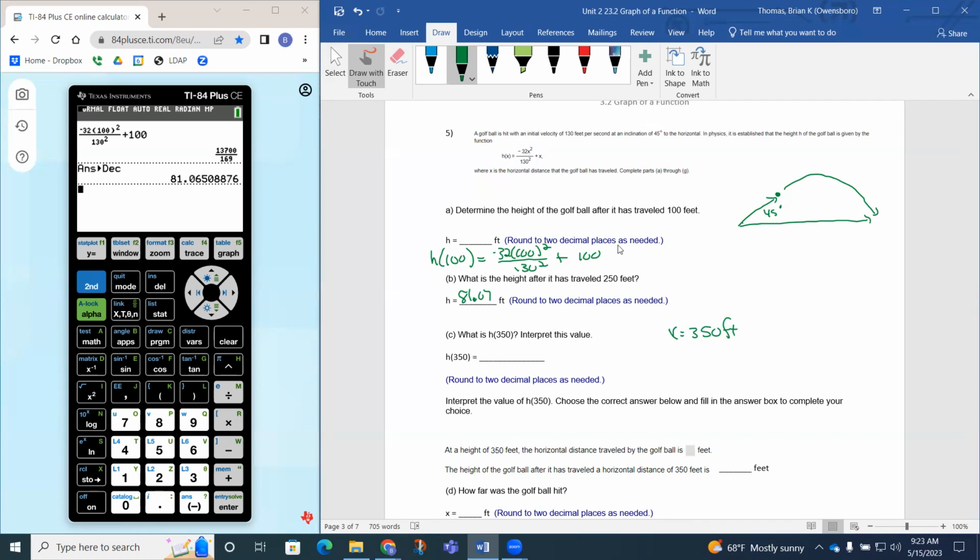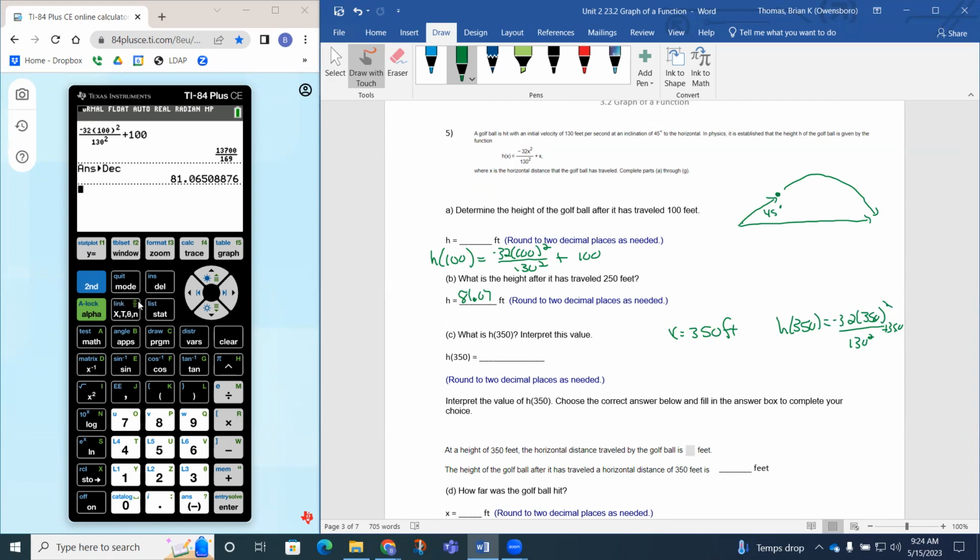So if we substitute the 350 into the function, we're going to have h of 350 equals negative 32 times this 350 squared over 130 squared, that was that initial velocity, plus then this 350. That's the kind of math that we're doing here. On my calculator, there's also a little shortcut on this button here.